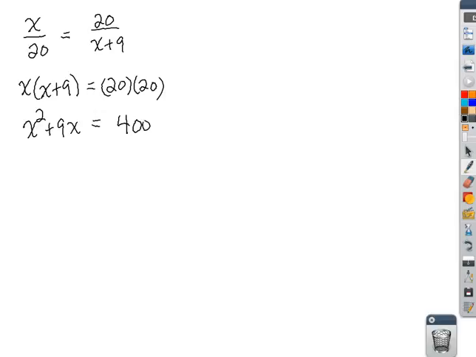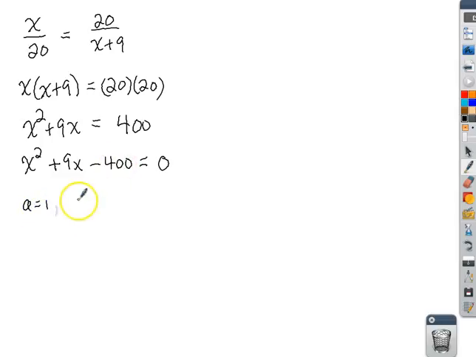Since I have a degree 2 polynomial and I can't just take the square root of both sides, I think what I'm going to have to do is set it equal to 0. And now I can factor or use the quadratic equation to solve. I think I'll go with the quadratic equation because right off the top of my head, I don't know what factor pairs of 400 have a difference of 9. So I'll plug it into the quadratic equation.